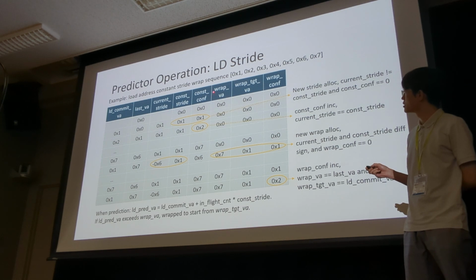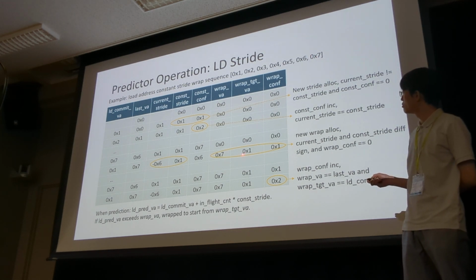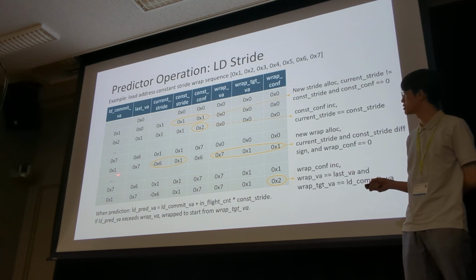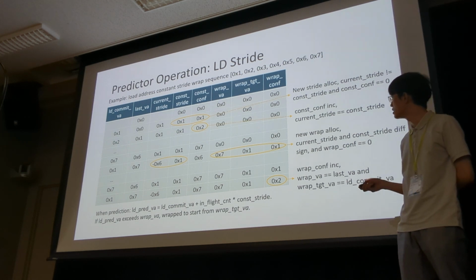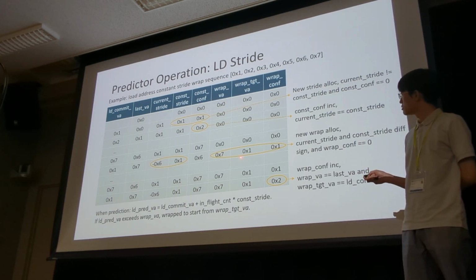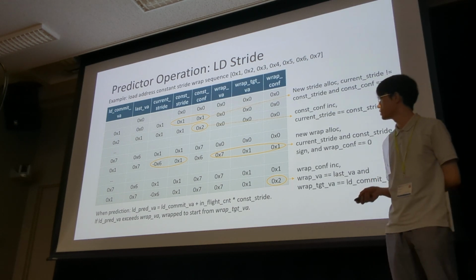The wrap address is recorded as the last address, which in this example is the last address of the sequence. And the wrap target address is recorded as the last commit address, which in this example is the first address in this sequence. And when the wrap pattern happens again, the confidence will be increased.